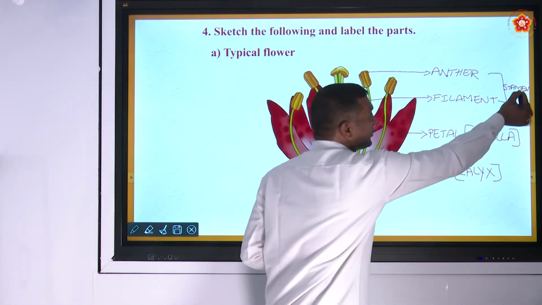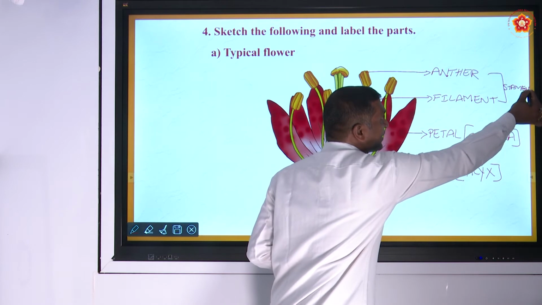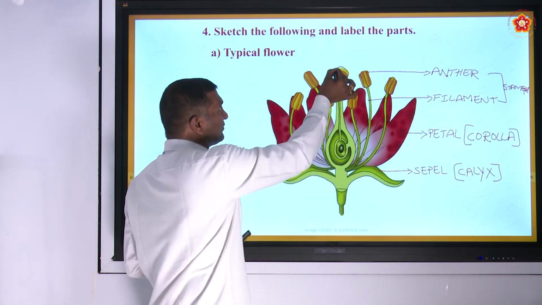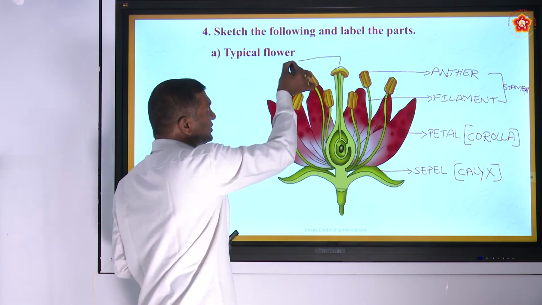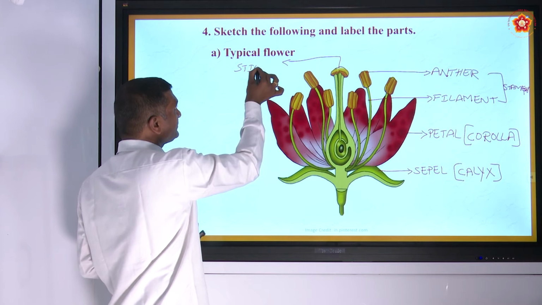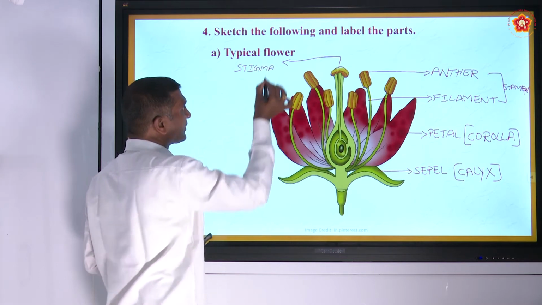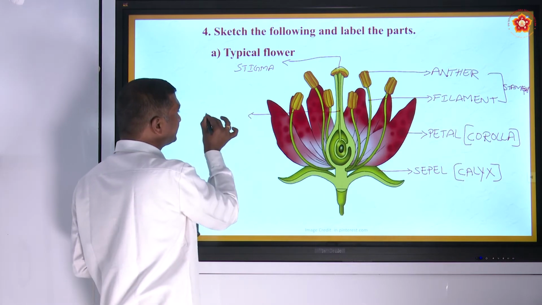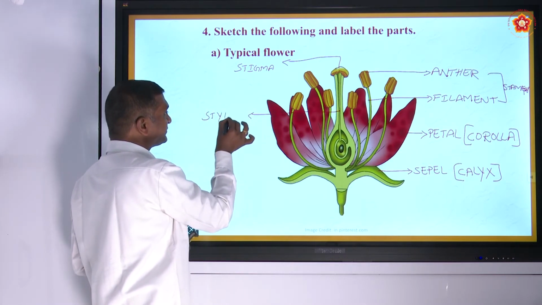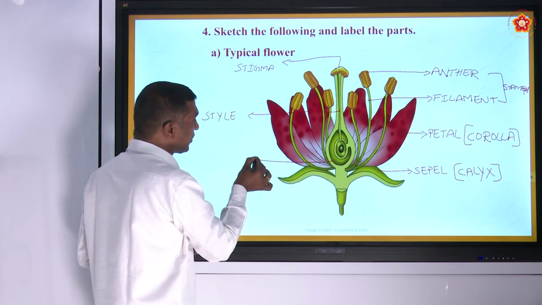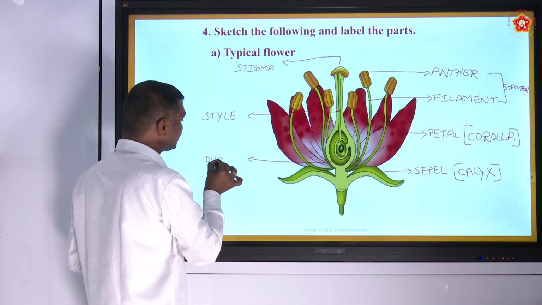It is stamen. For your kind information, I hope you can observe very neatly. Next you have the sticky part, which is called the stigma. And you have an elongated style. Then you have a bulged part called the ovary.